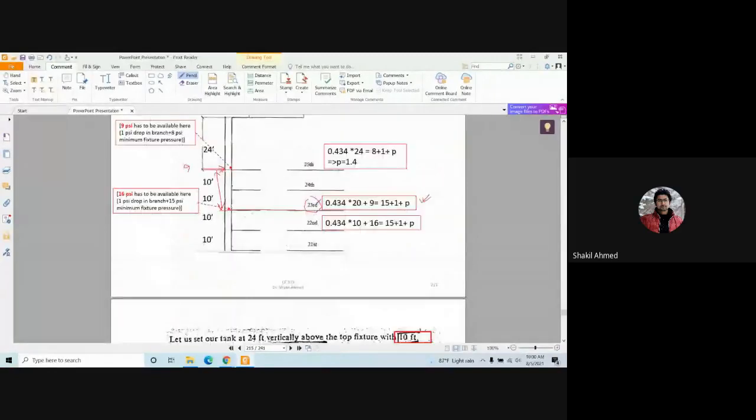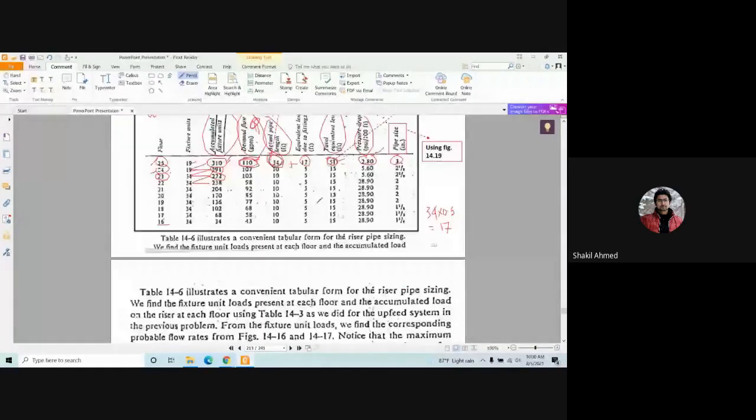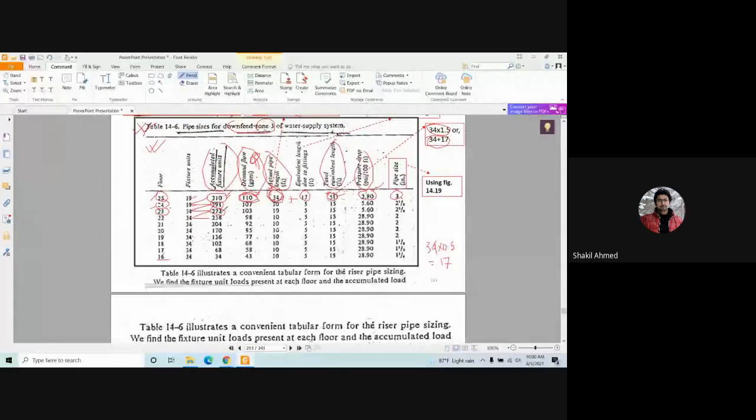And we are at 23rd floor. So at 23rd floor, this is our fixture unit, and from the figure we can calculate the Q. And your actual pipe length here is 10 feet.